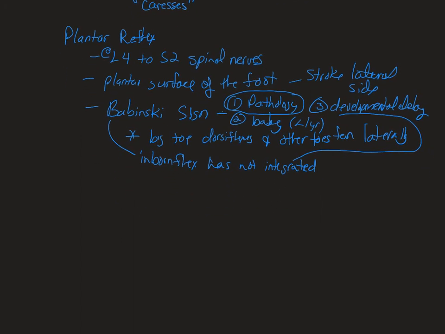Okay, let's look at one more that's fun because you can do it on yourself. The abdominal reflex. The abdominal reflex is checking the eighth thoracic spinal nerve through the T12 spinal nerve.